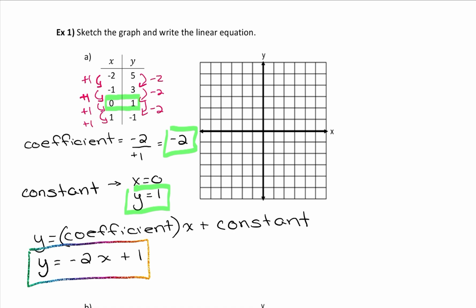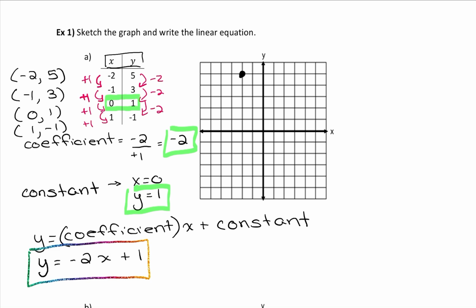Now let's graph this. So we already know how to graph this. We're going to start with that first point when x is -2, y is 5. So again, if you want to, you can take the values from your xy table, and if you prefer, you can write them as points, right? -2, 5, -1, 3, 0, 1, 1, -1. So we're going to first go -2 on the x-axis and 5 on the y-axis.